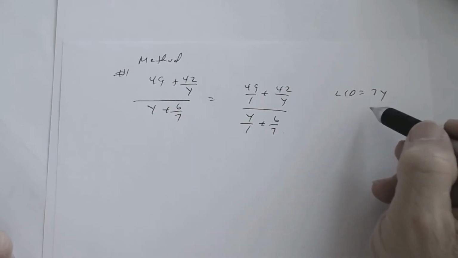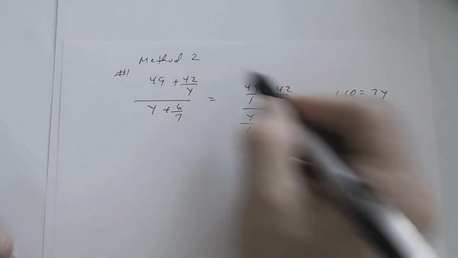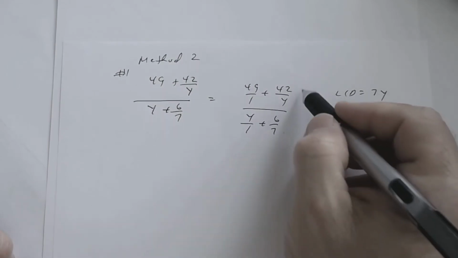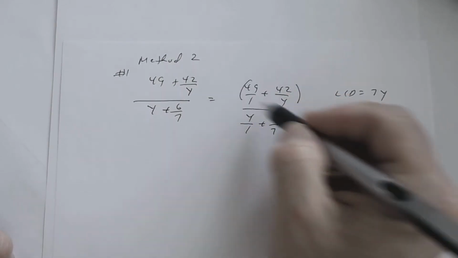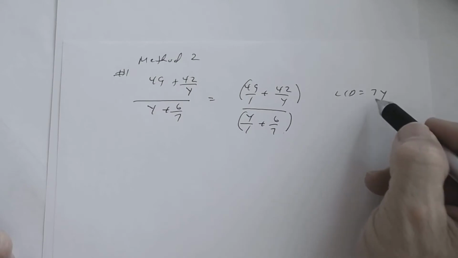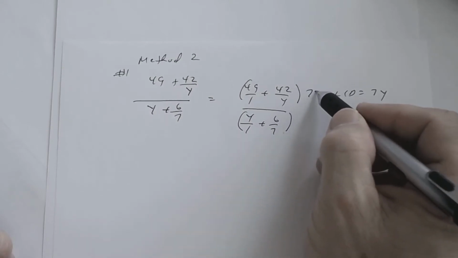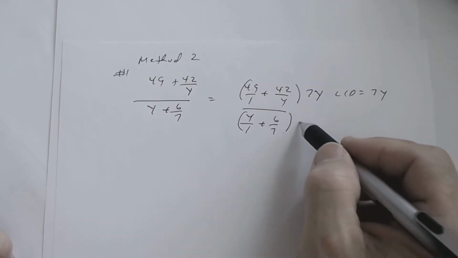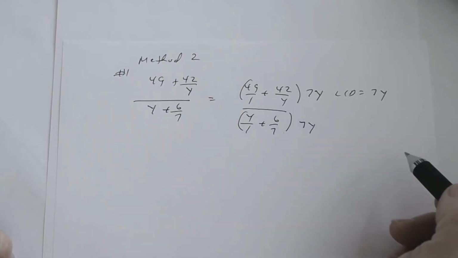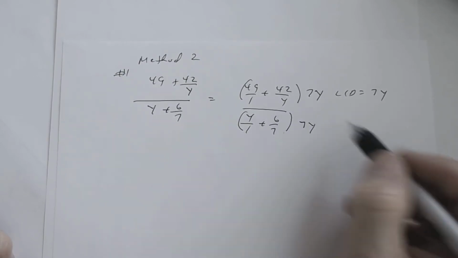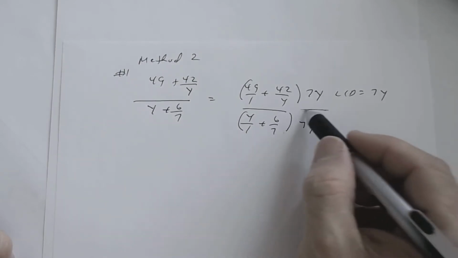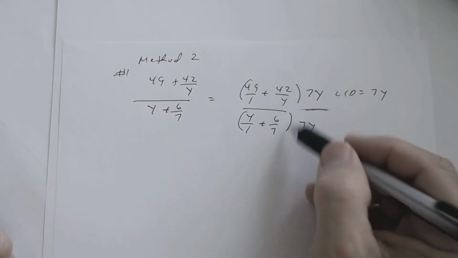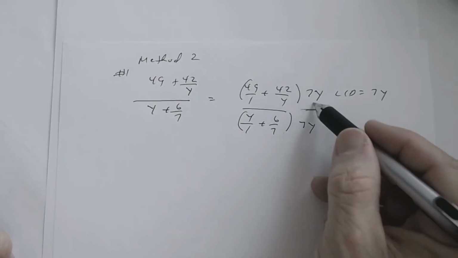Now, once you found that, remember method 2 is where you then multiply the numerator and the denominator by the LCD. So what you did to the numerator, you do to the denominator. Okay? And because remember, you're still thinking of this as multiplying by a fraction of 1, 7y divided by 7y.